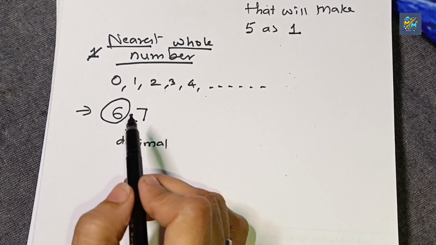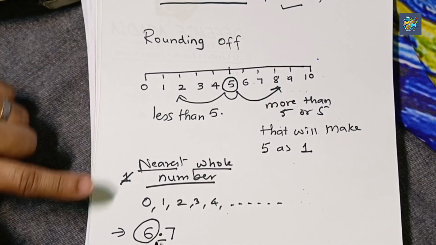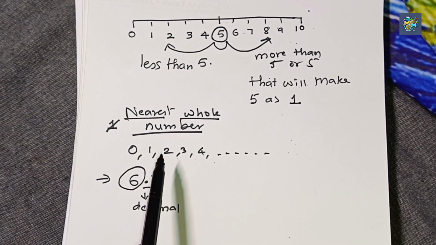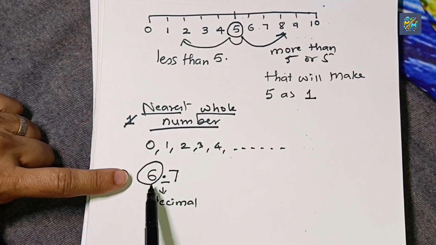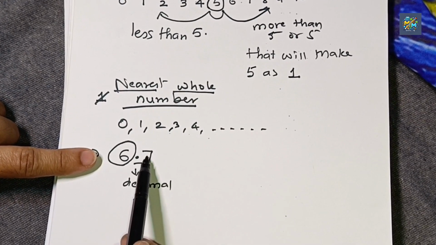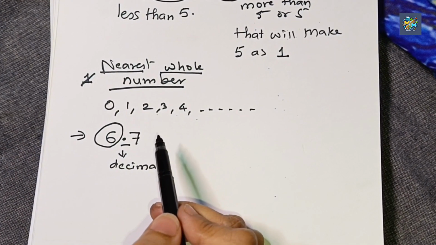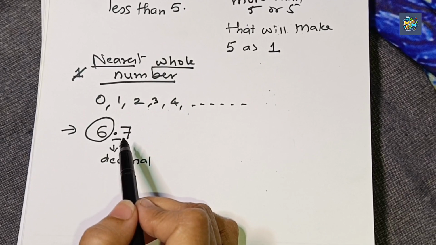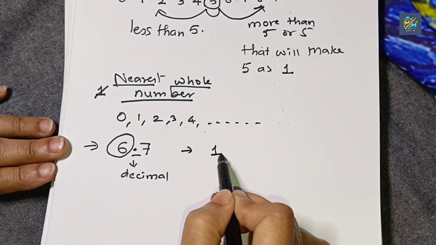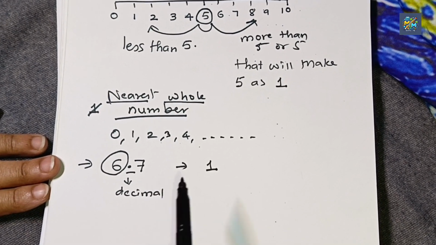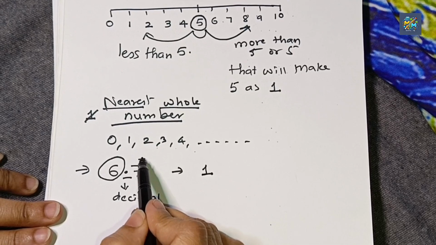Now let's check. As I showed you on this number line, after the decimal the number is 7. A number equal to 5 or bigger than 5 counts as 1, and 7 is obviously bigger than 5, so I consider this 7 as a 1.